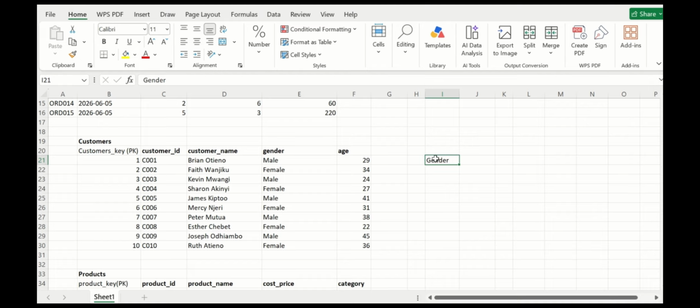So let's have the gender here, and here we're also going to have the gender key.